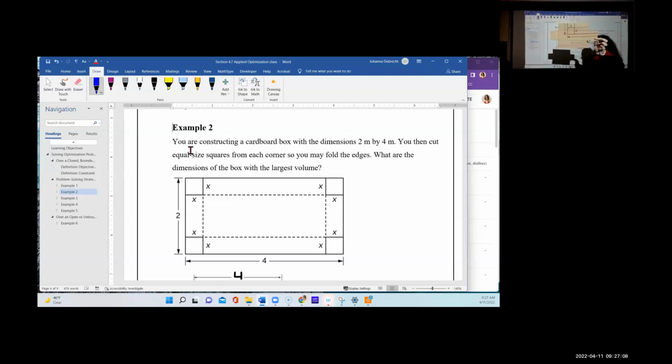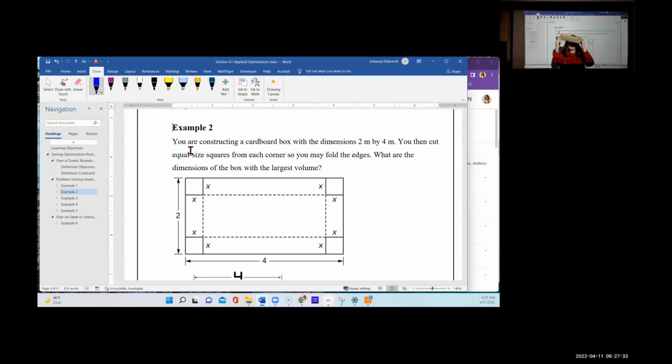All right, now once you're done, you're going to take this and you're going to fold up the edges. So you're going to fold up this edge, fold up that edge, fold up that edge, and fold up that edge. And then it will create a box, and you'll tape the edges together. So it creates a box like this. Does everybody kind of get a clue to what you're doing here?